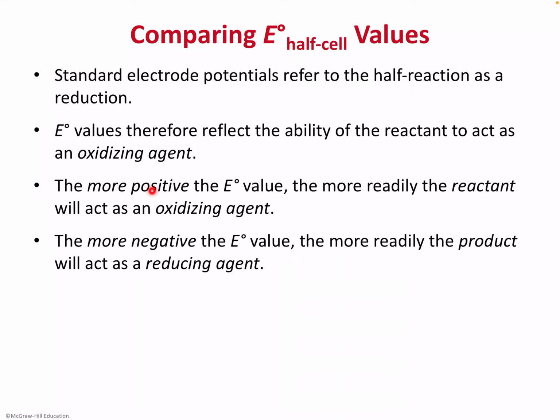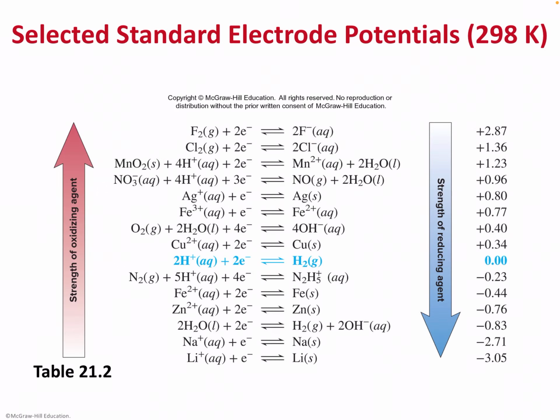Look here, the more positive the E-note value, the more readily the reactant will act as an oxidizing agent. Okay, the more negative the E-note value, the more readily the product will act as a reducing agent. The more negative E-note value, reducing agent; the more positive E-note value will act as oxidizing agent.